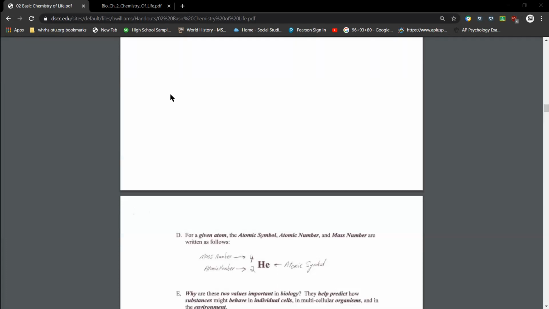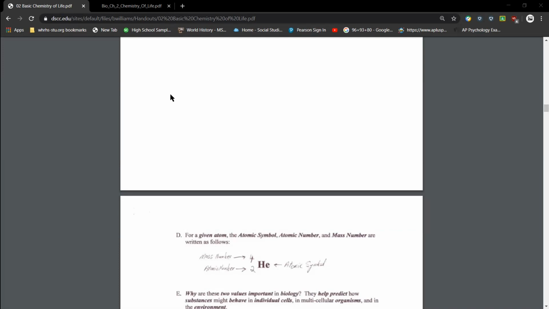And as you can see, they're also in that cloud or just the haze around the nucleus. You can see here on the periodic table of elements, we can use the atomic number and the mass number that we have to calculate the protons, neutrons, and electrons. So that's what we're going to do now.